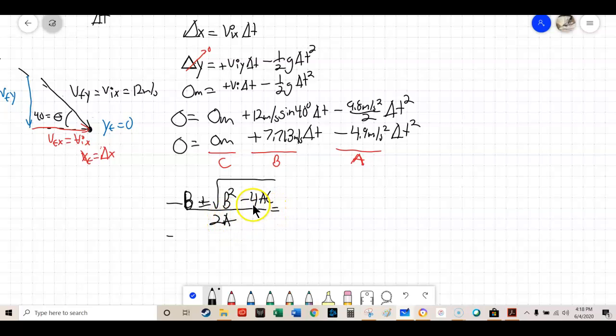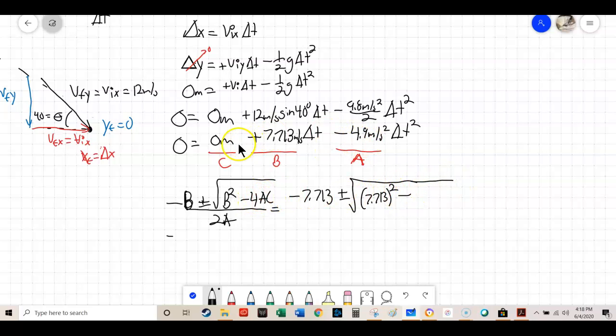I'm just going to put those numbers in. So negative b is negative 7.713, plus or minus the square root of 7.713 squared minus 4AC.